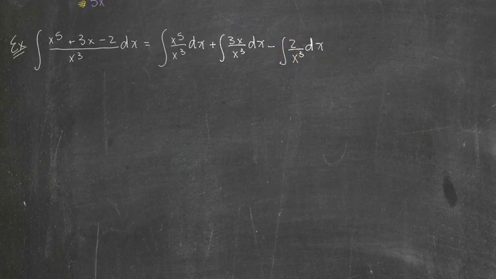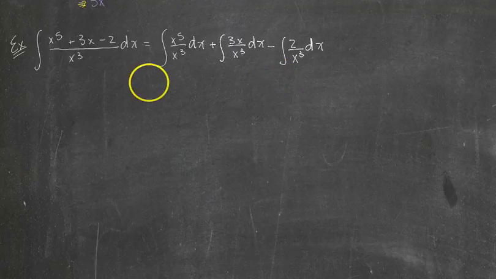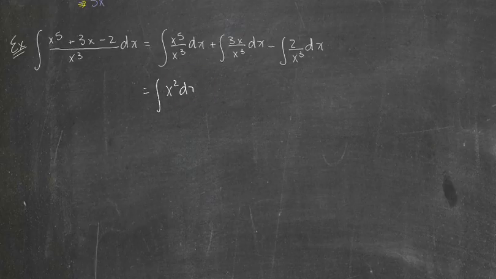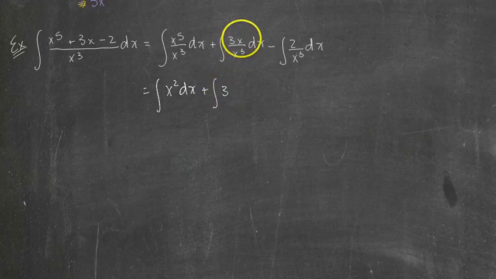Okay, not necessarily looking better, but totally is. This first one simplifies to x squared dx, and we already know what that is. And this second one simplifies to 3x to the minus 2, right?